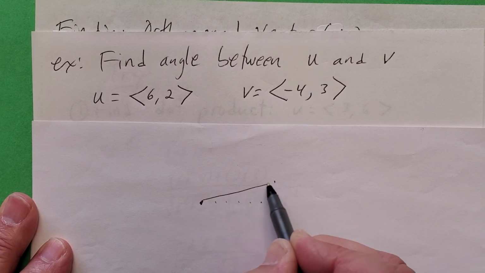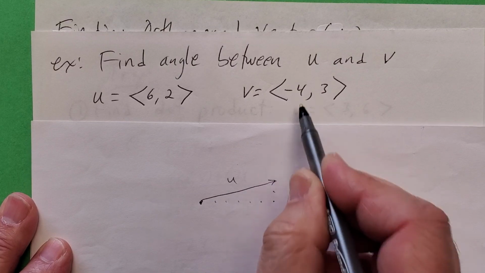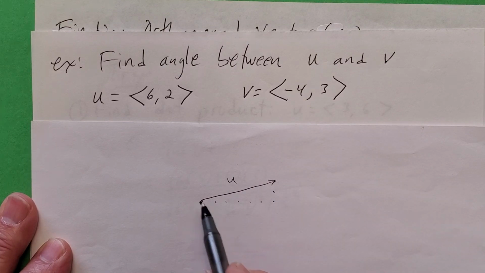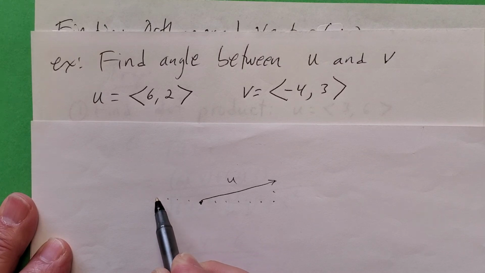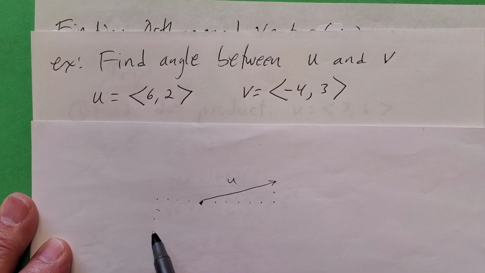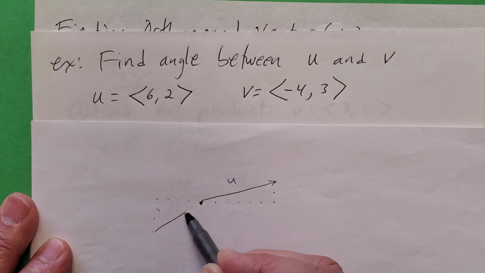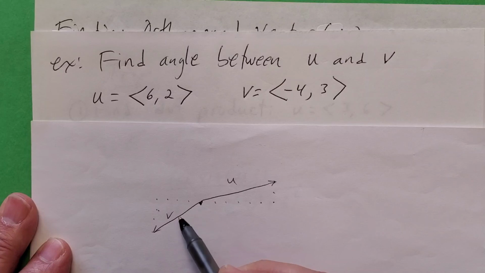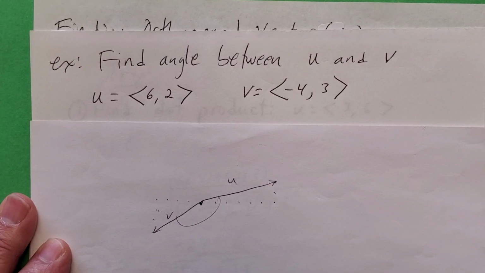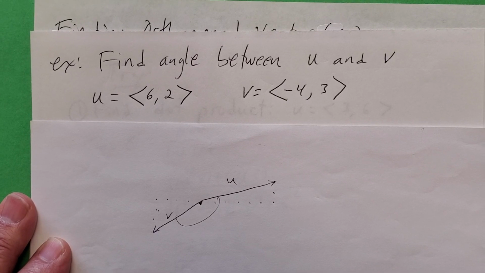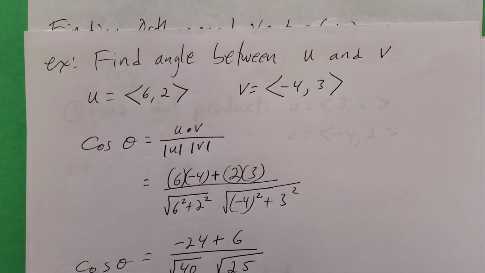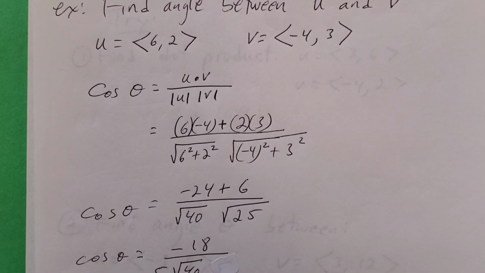So there's U. Where's V? -4 to the left, 1, 2, 3, 4, 3 down, 1, 2, 3. There it is. There's V. Hey, look at that. Exactly what I said. More than 90 but less than 180. That angle is 124.7, right? But I did it without the benefit of any diagram or pictures.